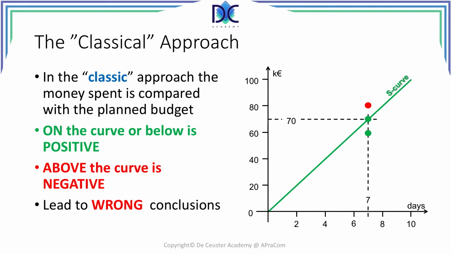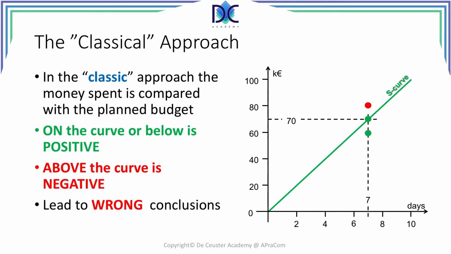The green dots, which are on the S-curve and below, are considered to be positive. On the other hand, the red dot above the S-curve is negative. We are over the budget. And this is true. You're spending more money than was budgeted. On the other hand, with the green dots, you're in a more positive budget situation.